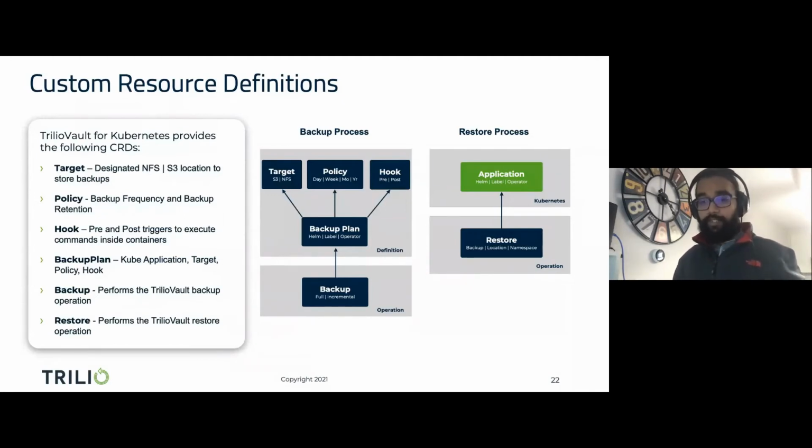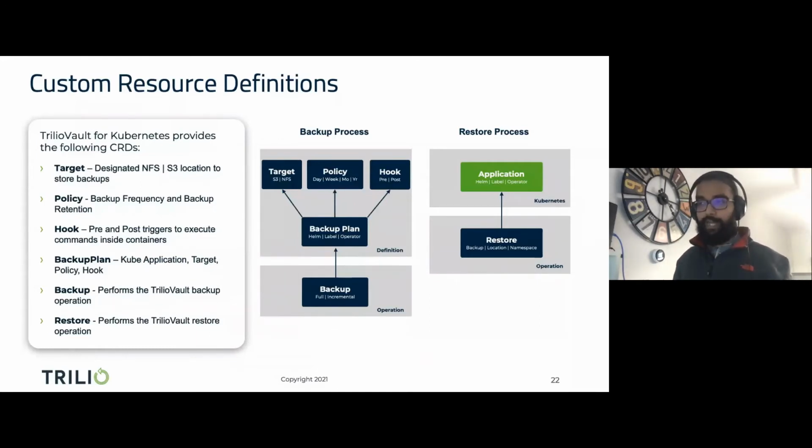So it could be that today your protection scope is one Helm chart talking to another label-based application, but tomorrow it becomes a Helm chart talking to a label-based application, which is talking to an operator-based application. So you can just extend the scope of your backup plan tomorrow to align with the dynamic nature of your application itself. And then once you have defined that backup plan, you perform a backup operation on top of it.